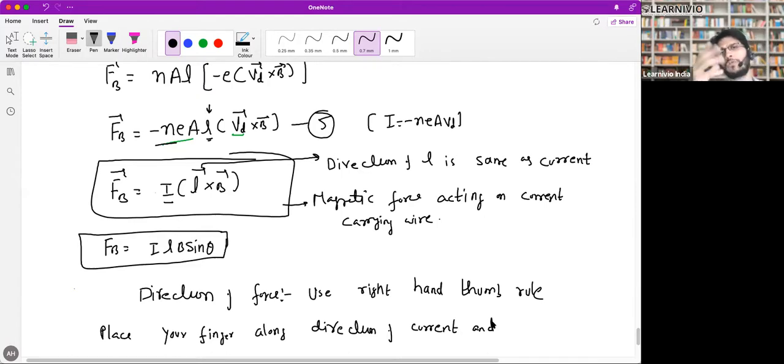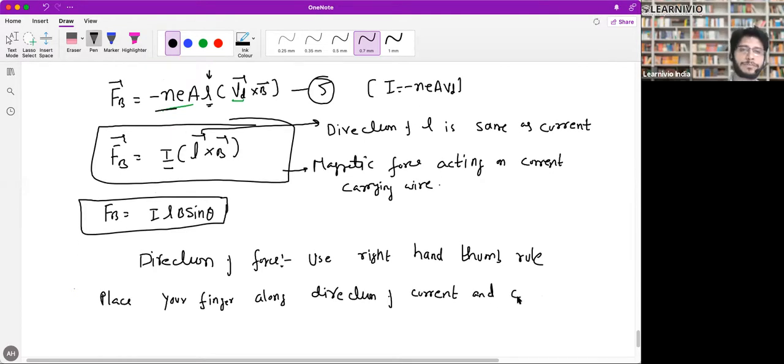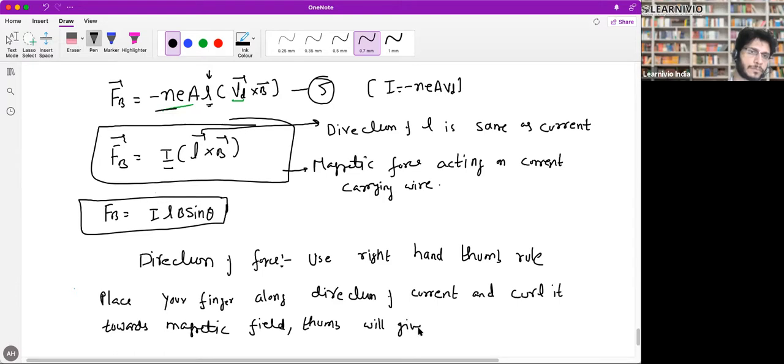Earlier, you were placing your fingers along the direction of velocity. Now place your fingers along the direction of current and curl them towards the magnetic field. The thumb will give the direction of force.